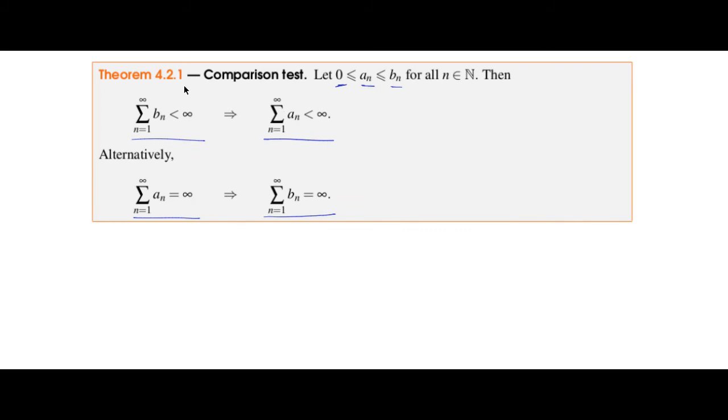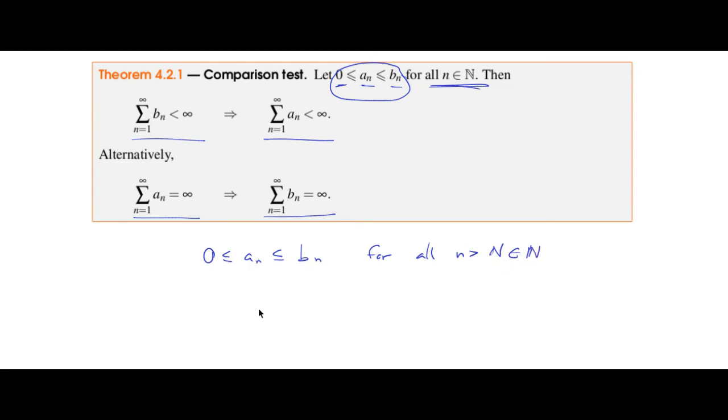So yeah, the theorem says that this condition has to be true for all n, on all natural numbers. Okay, it's a very strict condition. But you could relax it and say, well, it could be that this thing is true, but for all n greater than some natural number, capital N. Why is this so?